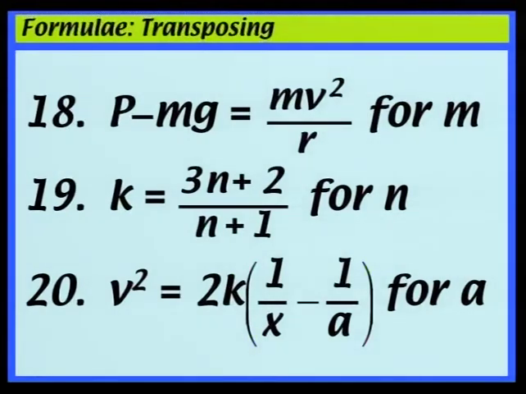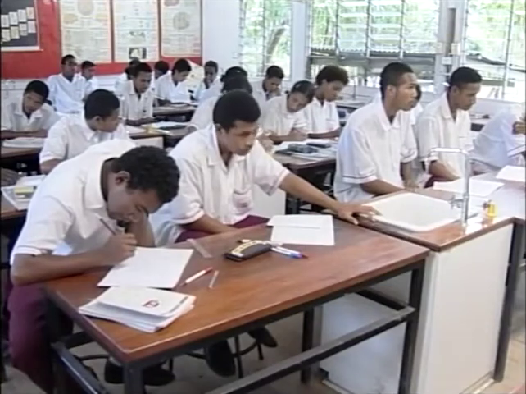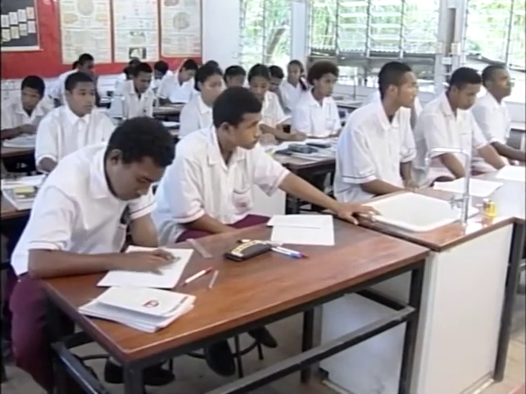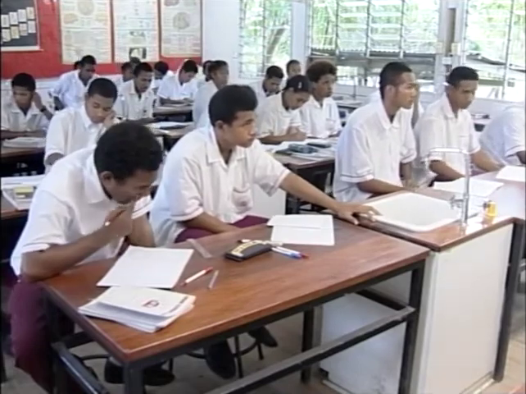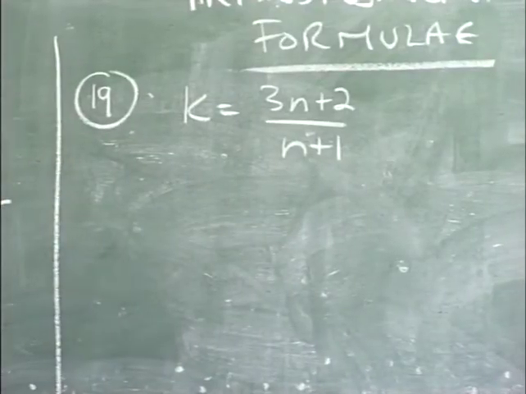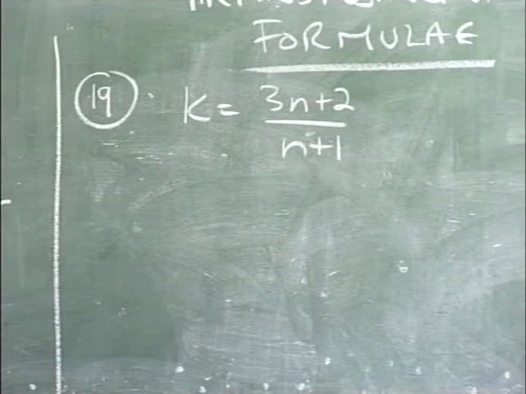All right, number 19 is K equals 3n plus 2 over n plus 1. Solomon, can you please tell us what the first step is?